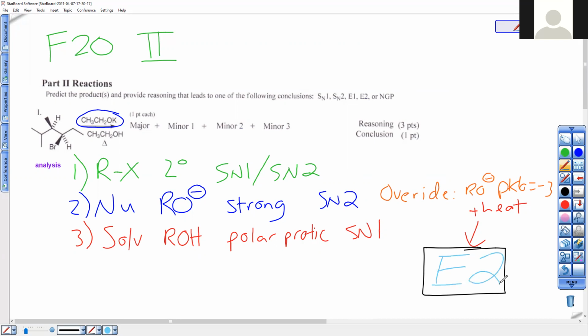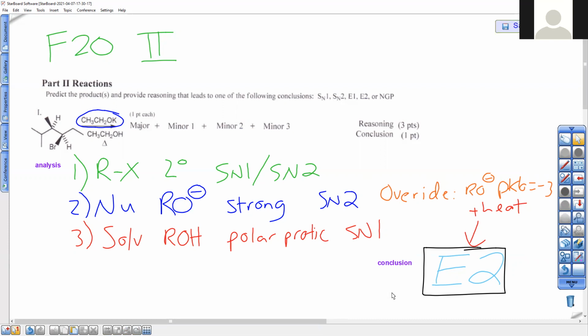That gives a bimolecular elimination. That's what the 2 stands for, is bimolecular. E stands for elimination. So you also need a conclusion. I don't know if this is the fastest way to get to conclusion, but it's one way. And there we have it.